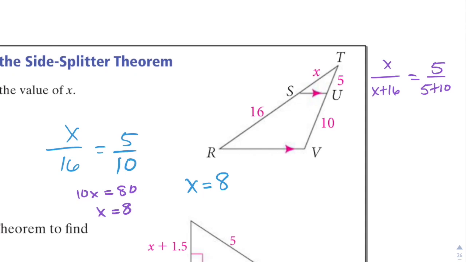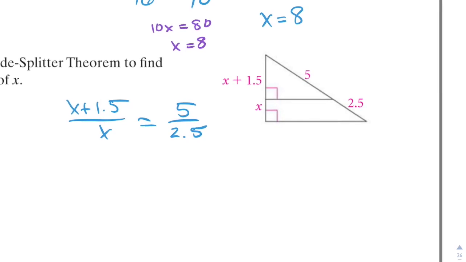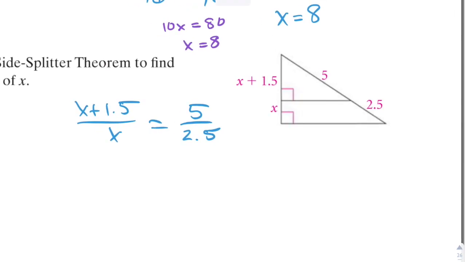The next one, you just set up x plus 1.5 is to x, as 5 is to 2.5. We are going to find our cross products. 5x equals 2.5 times x plus 1.5. I have a calculator near me, so I'm quickly going to solve this.